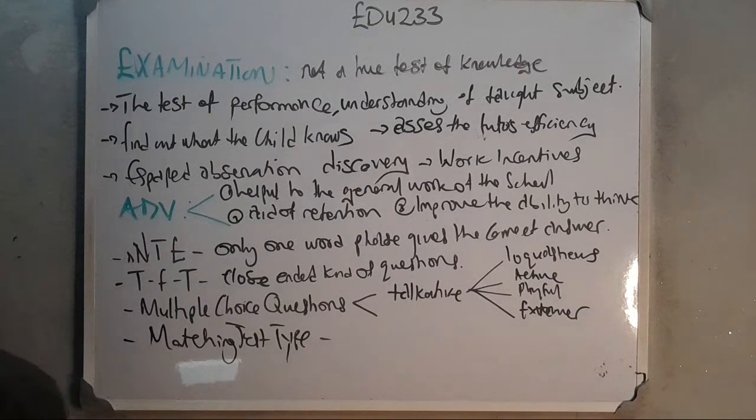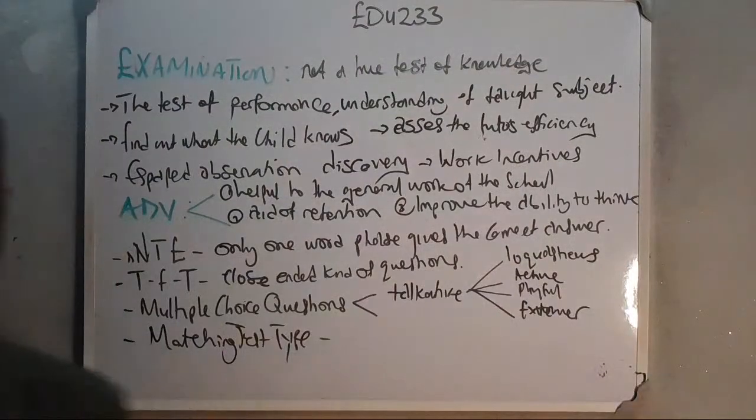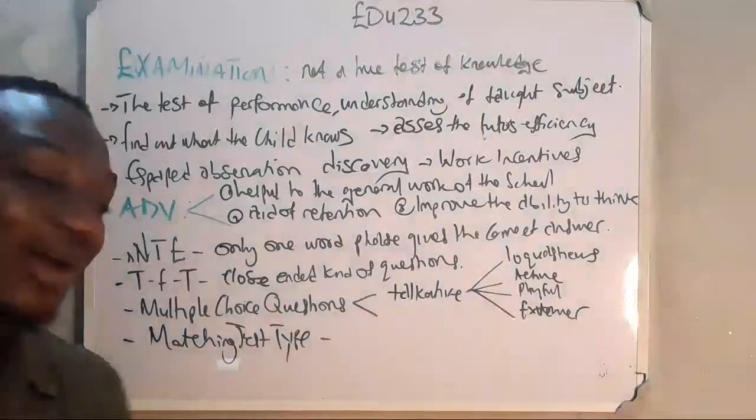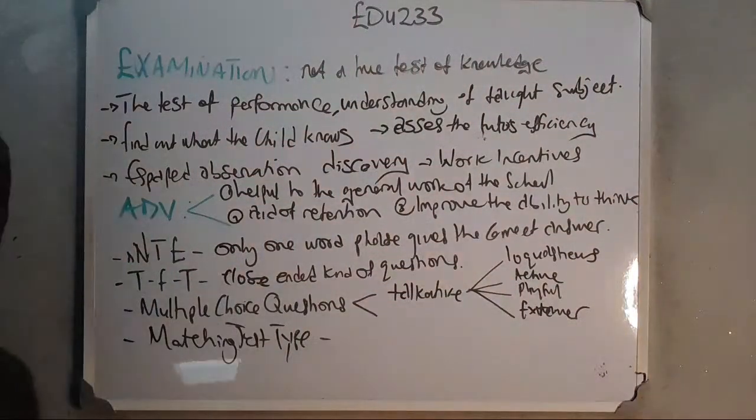We have glass, wood, silver, aluminum, copper. Five options. So you need to take the correct answer and match it with the question, as it says, matching type test.